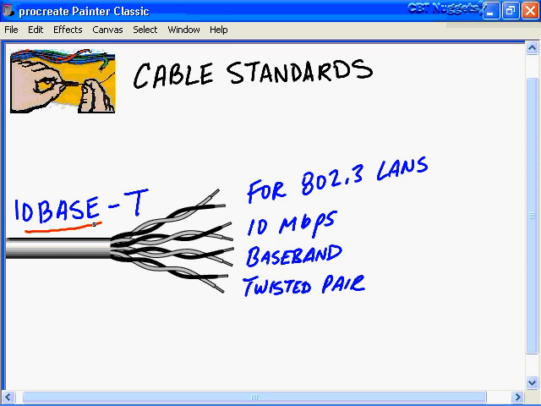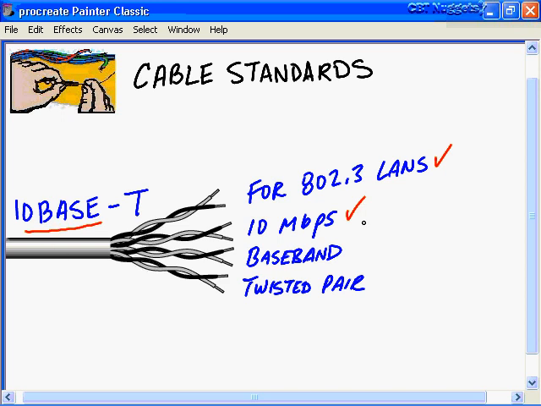We're starting with 10BASE-T, which is just one of many physical media that's specified in the 802.3 standard Ethernet local area network. Now, the name 10BASE-T basically refers to several different aspects of the medium. The 10 means you've got a bandwidth, a transmission speed of 10 megabits per second.